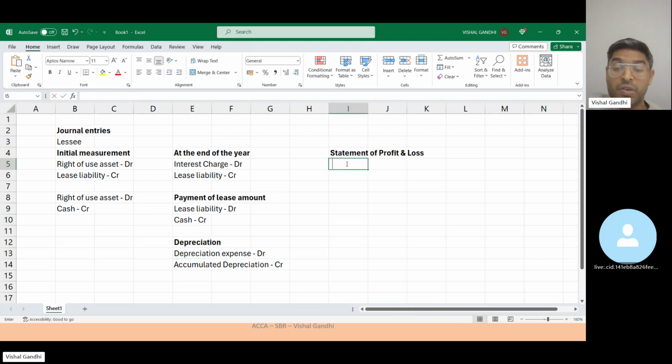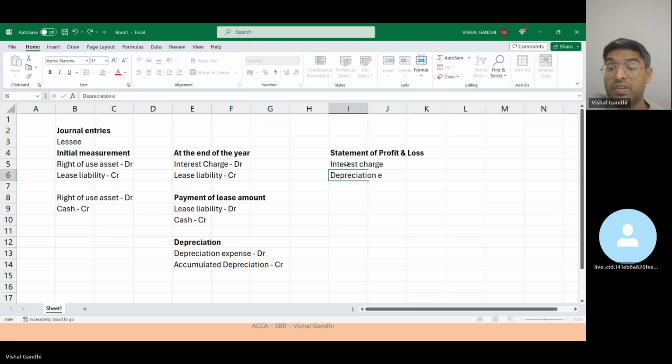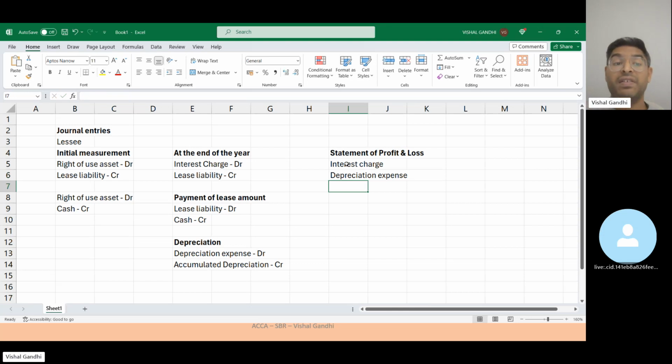The interest charge is an expense and depreciation is an expense. Those two things will go in the statement of profit and loss for this lease contract.